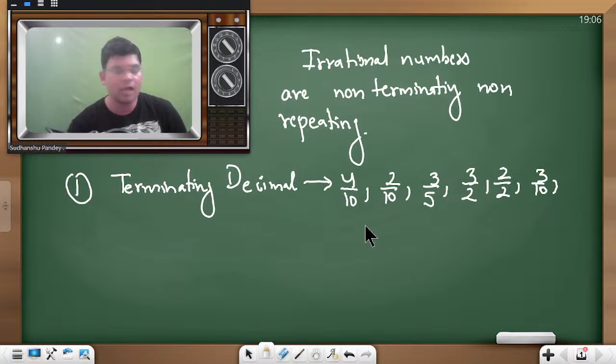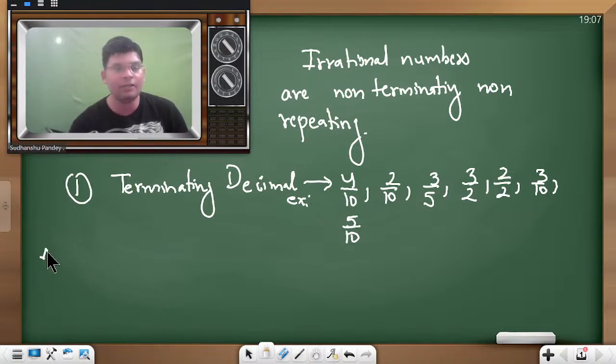Hello. हाँ बेटा बताओ, एक टर्मिनेटिंग डेसिमल का एग्जांपल दो. 5/10. वेरी गुड. ये सारे एग्जांपल्स लिख भी लो सब लोग. These are the examples of terminating decimal.